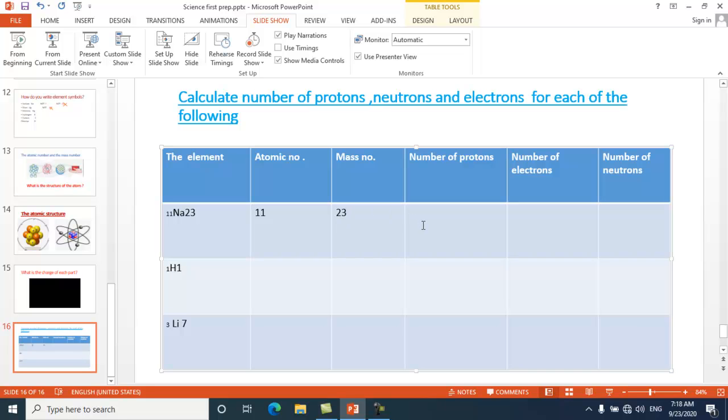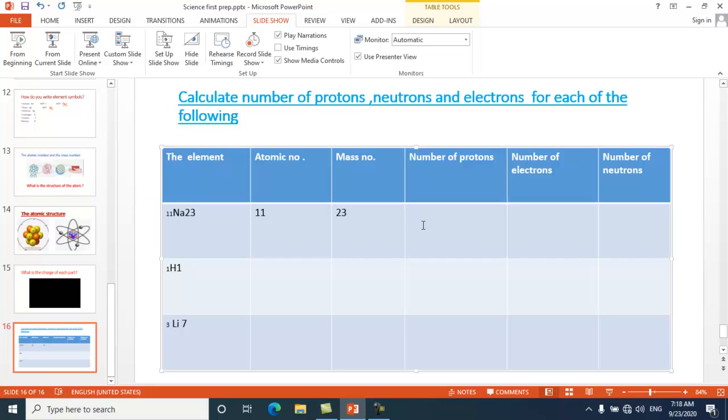How to calculate the number of protons? The atomic number is the number of protons. The number of protons is called the atomic number because this number doesn't change.